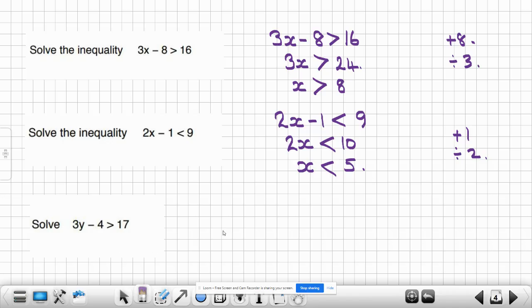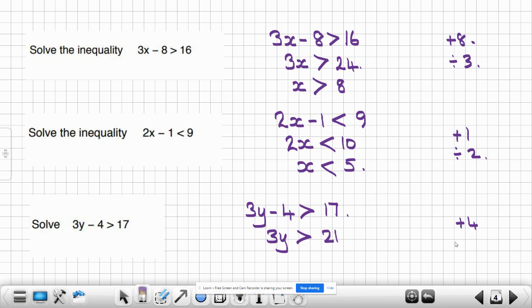Let's just do this final one. Here we've got 3y minus 4 is greater than 17. So let's add 4, and we get 3y is greater than 21.